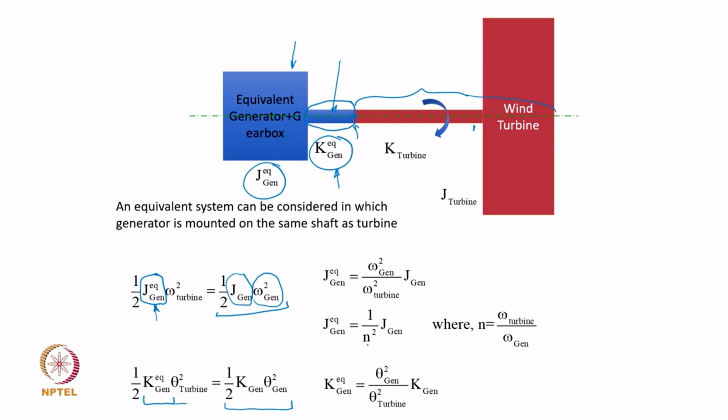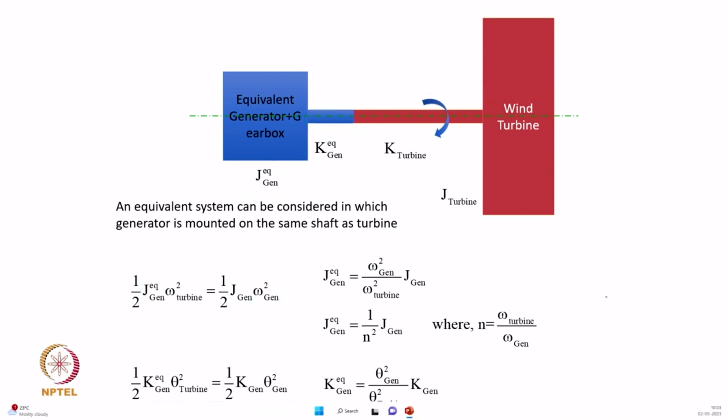Once this is done, the rest of the things are quite straightforward. What is important in this example is how to treat a gear pair or a gear box in two coupled rotors in developing a vibratory model. Once that is done, the rest of the procedure is quite straightforward. Okay.